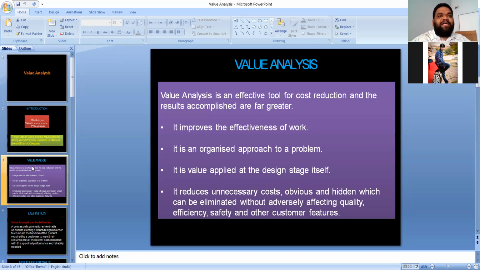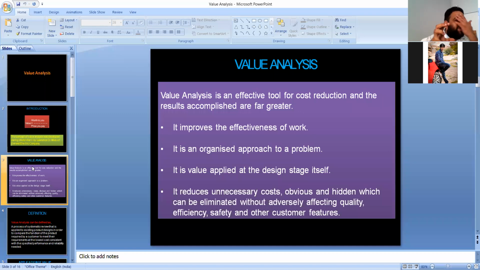But at the end, we should also achieve cost reduction. That is the major management principle. We have to produce a high quality product with whatever resources we have, with cost reduction. That is the main principle of value analysis.